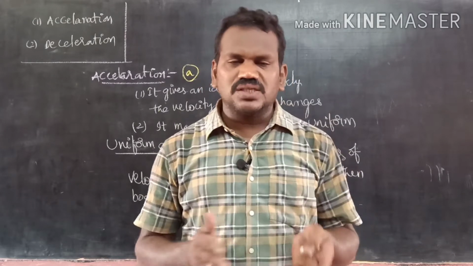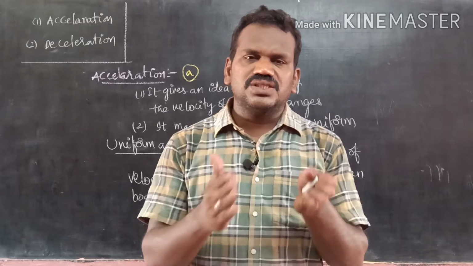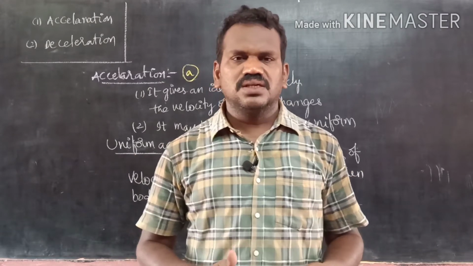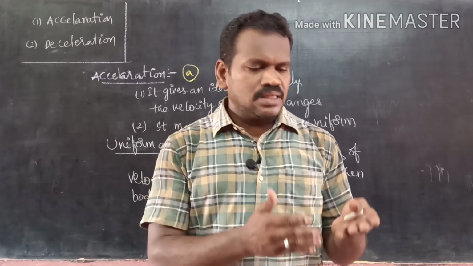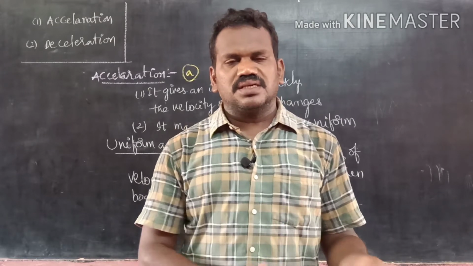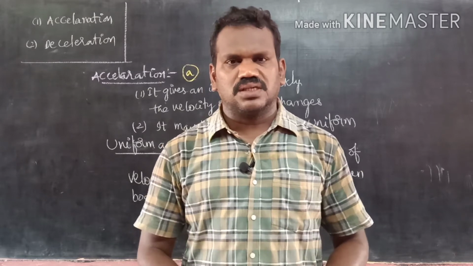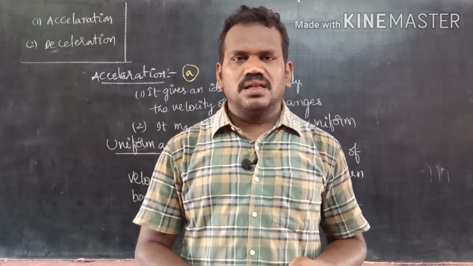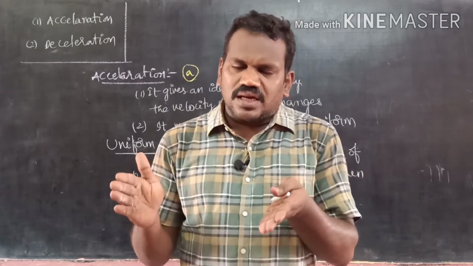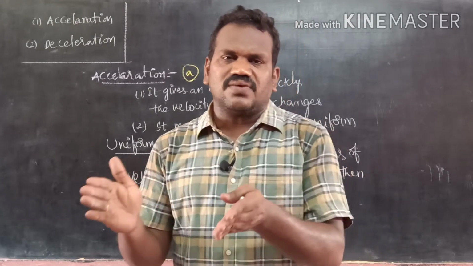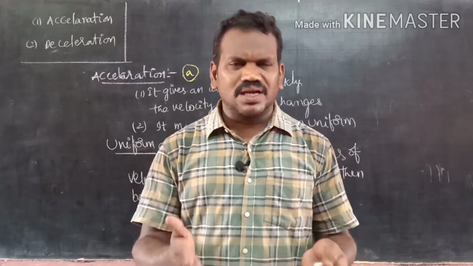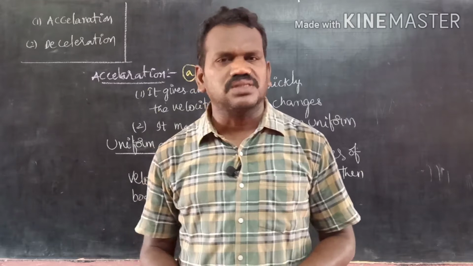From this, what can you understand? There is a change in the speed or change in the velocity. Why? Because if you apply direction to speed, it becomes velocity, as we already know. So by accelerating the vehicle, the speed or the velocity of the vehicle changes with respect to time, because motion is nothing but with respect to time.